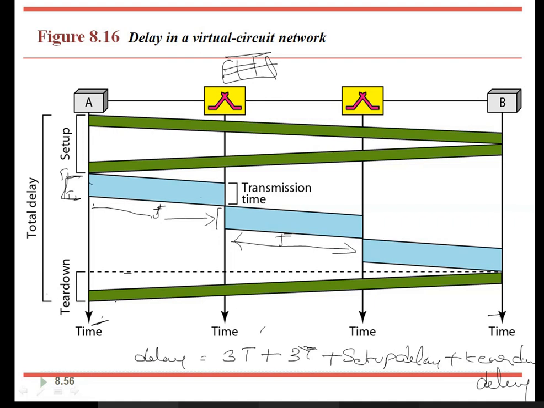It will take some amount of time to perform this operation, that is, clearing the entries of that particular transmission. Whatever port number was added has to be removed. So this is how you calculate the total delay that takes place in a circuit switch network.